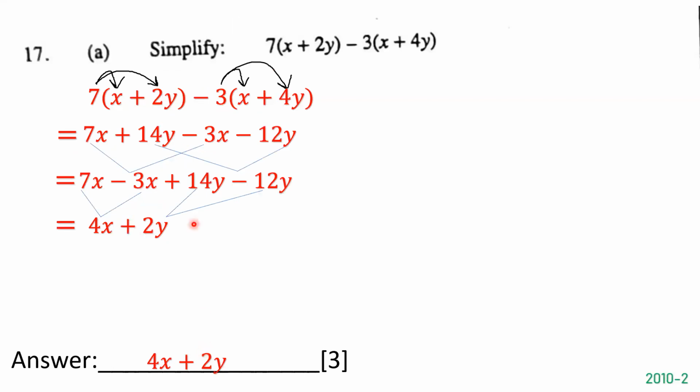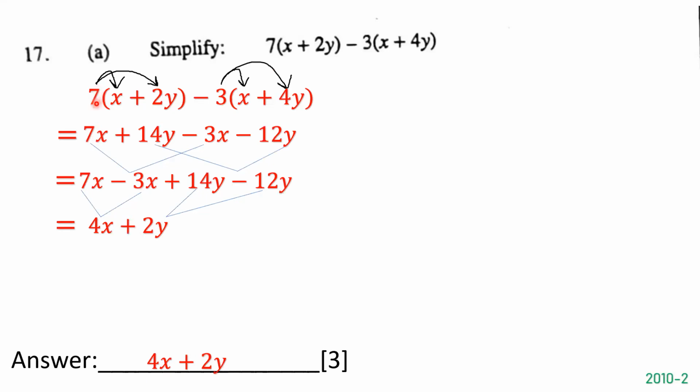Moving right along, we have this next question. It says simplify. Here we have 7x plus 2y minus 3x plus 4y. The way that we're going to do this is that we're going to multiply 7 by each term in this expression, and then multiply negative 3 by each term inside this expression. So we say 7 times x, which is 7x.